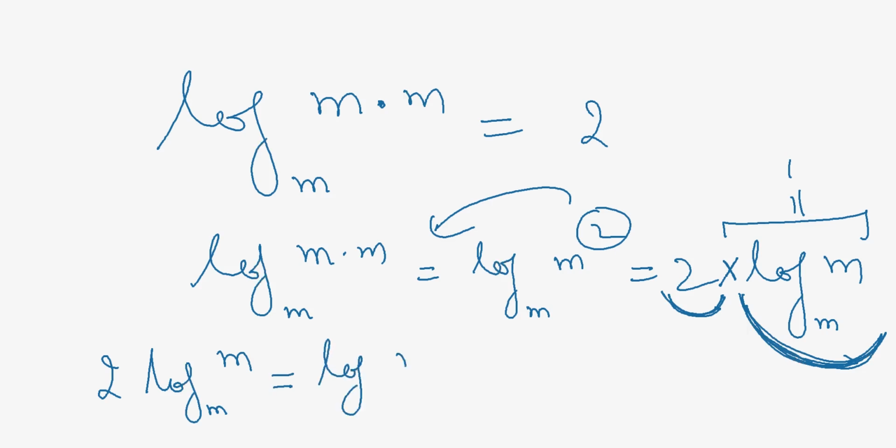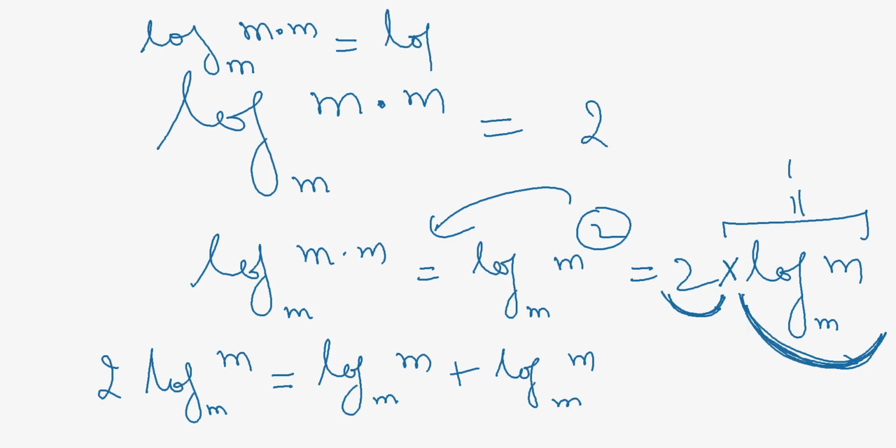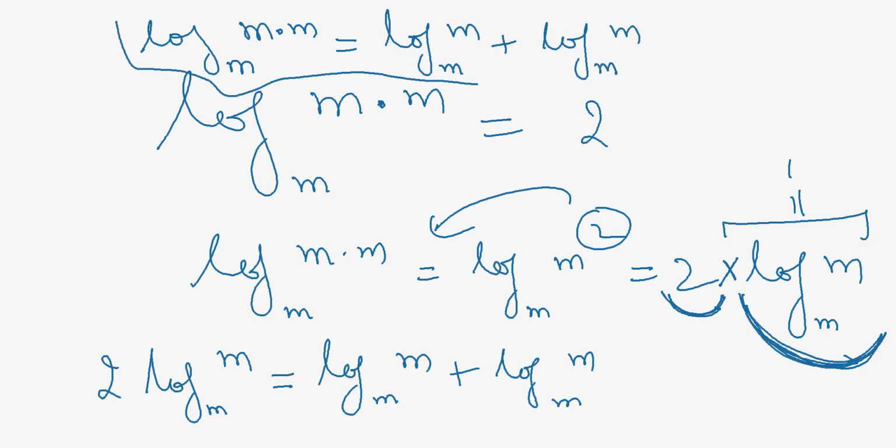Log m to the base m plus log m to the base m. So do you see the beauty? We started with log m multiplied by m to the base m. This can be written straight away as log m to the base m added with log m to the base m. Do you follow this?